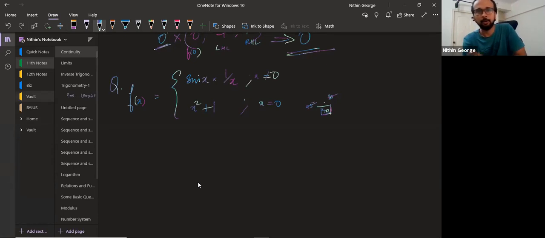Now, we have a function here. Find the continuity of this function at x equal to 0. Find the continuity of this function at x tending to 0.